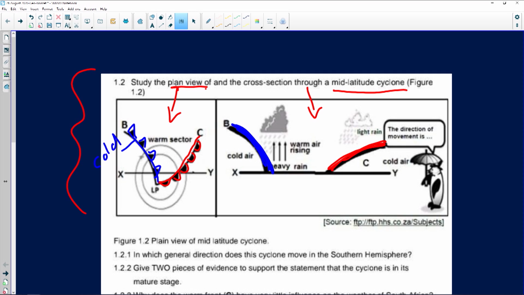Now, before I continue, let's quickly define what a front is. A front is the leading edge. A front separates two different masses of air. So when we see a front, on one side there's going to be a different mass of air than on the other, and when we talk about two different masses of air, we're talking mainly about the temperature. So what does a front do? It separates two masses of air. Let's just get that concept correct.